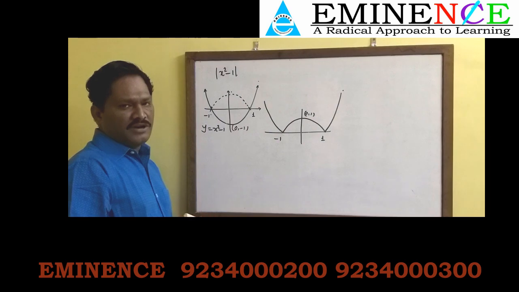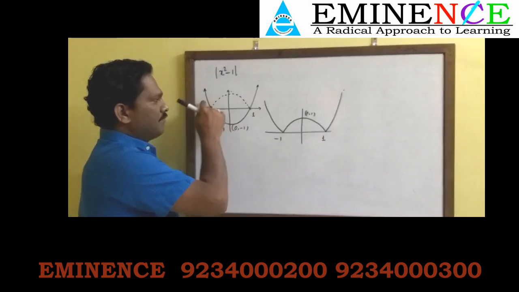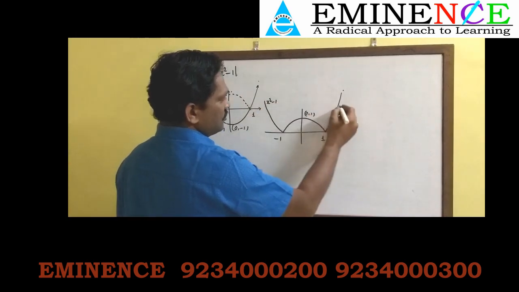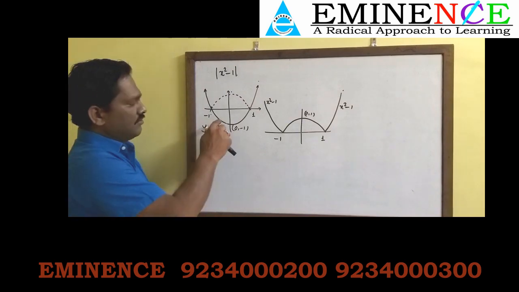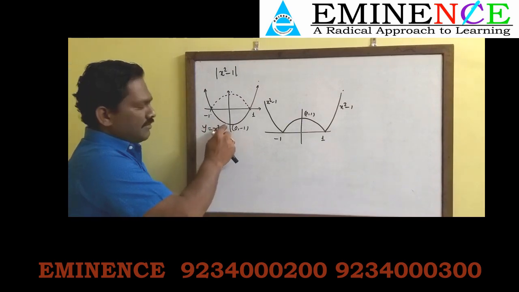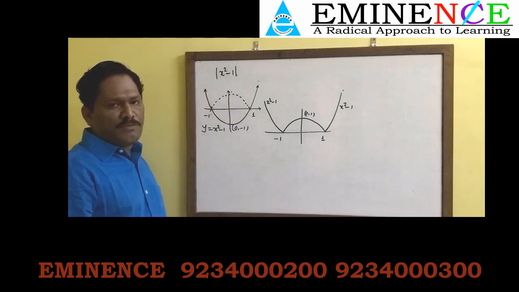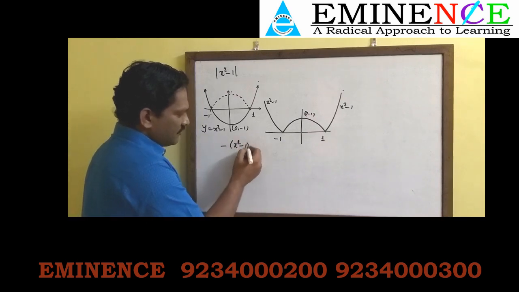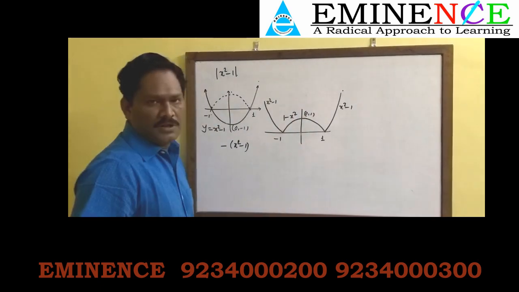Now where I have retained the original part, these two parts have been retained. So these two will remain the original. Now which part have I taken reflection of? This part. That means what did I do? I made negative into positive. How do we make negative positive? By multiplying by -1. So minus of x square minus 1, so this part will be 1 minus x square.